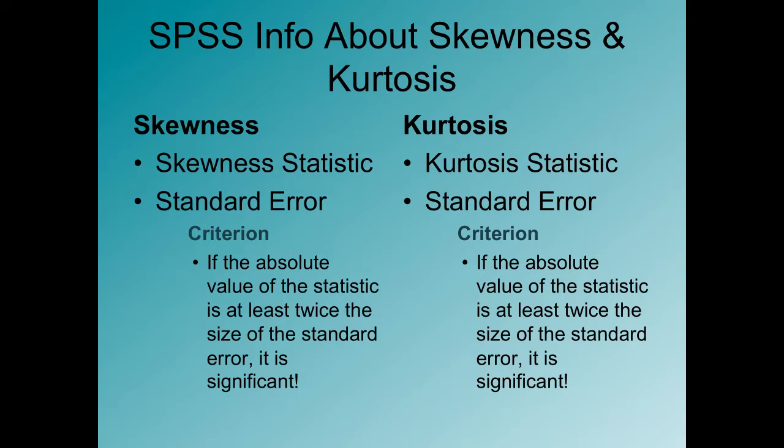In general, though, how we're going to figure it out is that anytime you're asking SPSS to calculate central tendency or variance, it's going to calculate the test statistic for you, and also is going to figure out the standard error. And what you're going to be looking and comparing is the test statistic to the standard error.